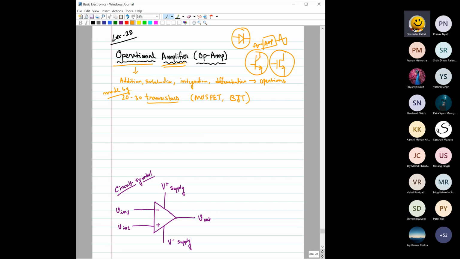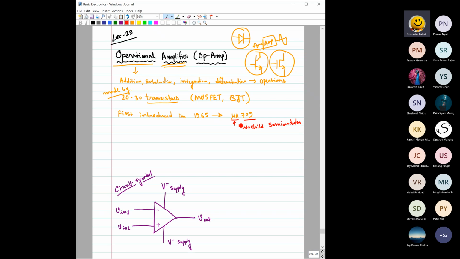This op-amp was first introduced in 1965, and that op-amp's name was muA709. Even today, if you search, muA stands for the name of the company, Fairchild Semiconductor. 709 is the name of the op-amp.